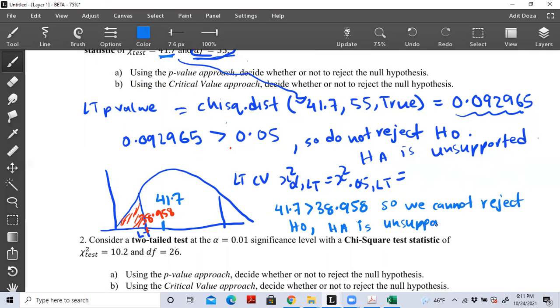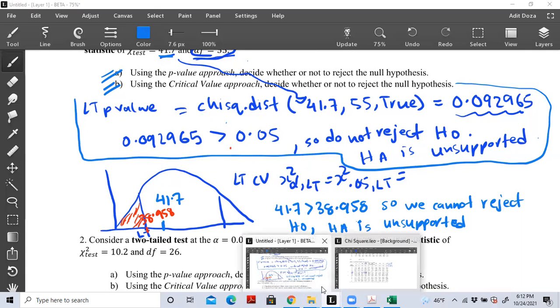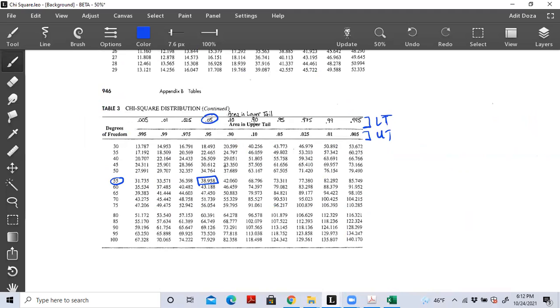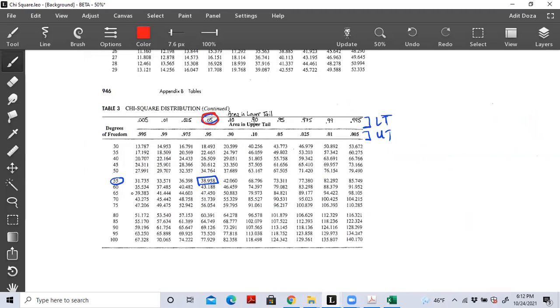So to solve this problem, you can either use the p-value approach or the critical value approach. But the problem with the p-value approach is you need Excel to solve it, right? To solve the critical value approach, you don't need Excel. You just need the chi-square table. So chi-square table, 0.05, degree of freedom 55, and I told you that the upper row is the lower tail, right?